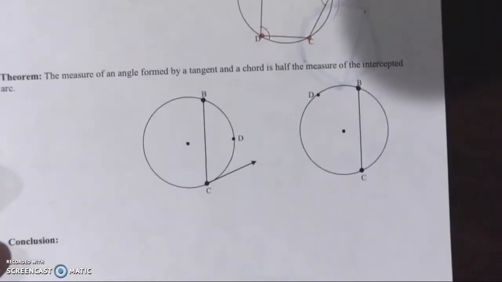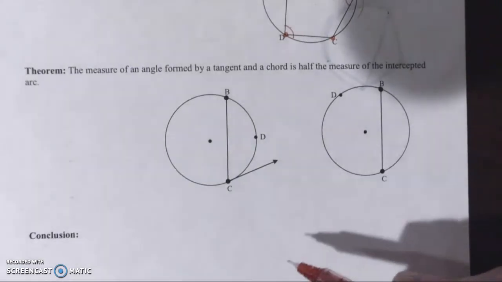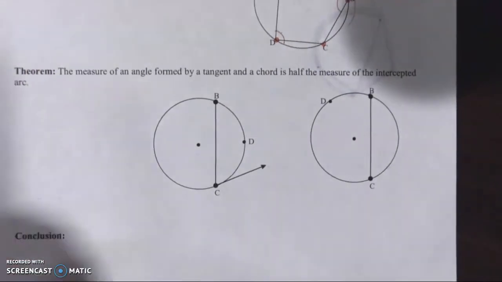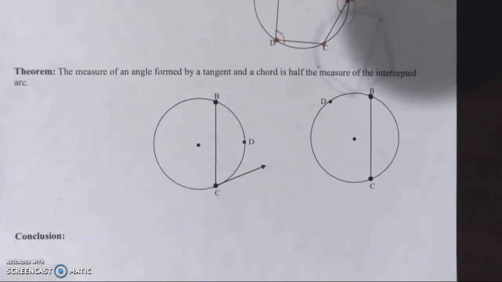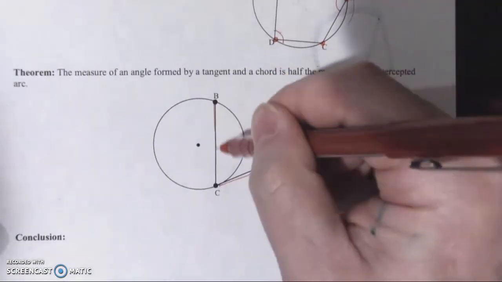Okay. And then lastly, we talk about a quick other theorem. This theorem is important, but once we make our conclusion, it's going to be very similar to what we talked about here. The measure of an angle formed by a tangent and a chord, different than two chords. Tangent, chord.